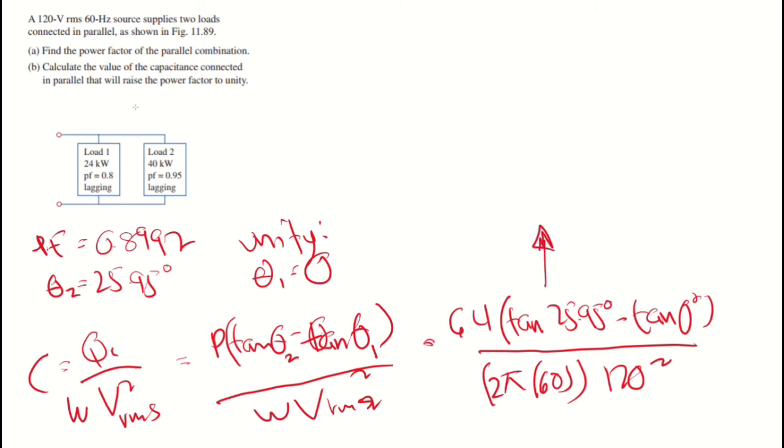If you calculate, you will get C is 5.74 millifarad. Just use the formula C equal to QC over omega V RMS square. You just need to remember the equation.